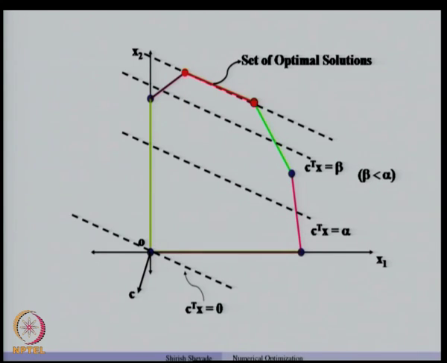So, the optimal objective function value is always unique, but the set of x which gives these optimal solutions may not always be a singleton set. So, here is an example where we have infinitely many optimal x's which give us the same optimal objective function value, that is C transpose x star.